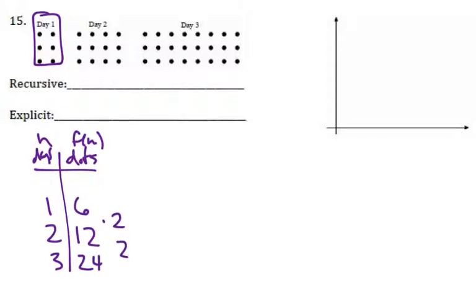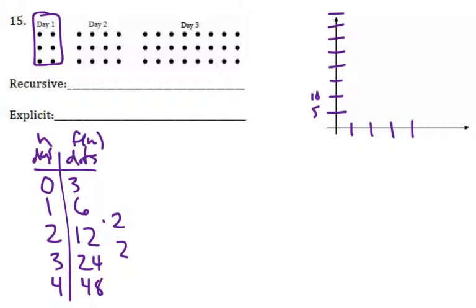So if we were going backwards to before, how many did we begin with? Well, what's half of 6? It's 3. So we began with 3. So 1, 2, 3, 4. And we'll go one more. 48. And maybe count by 5s, 5, 10, 15, 20, 25, 30, 35, 40, 45.